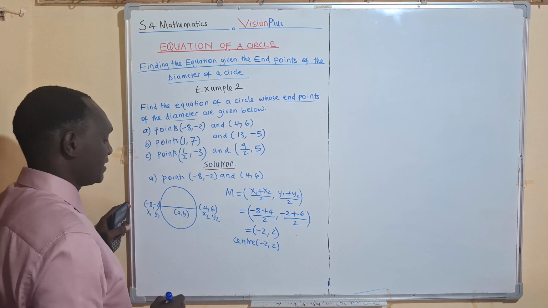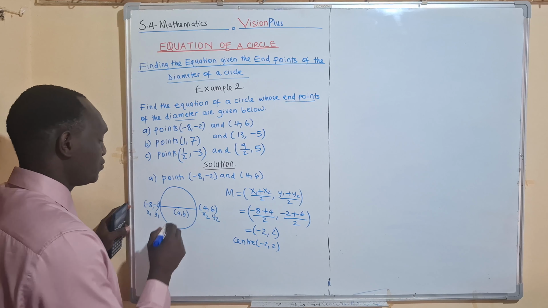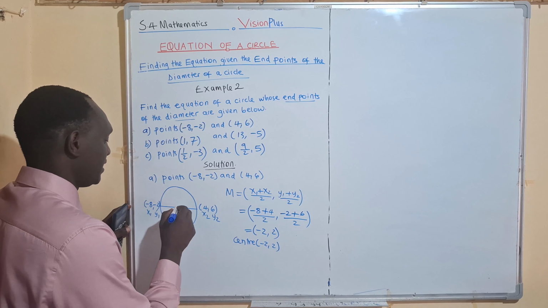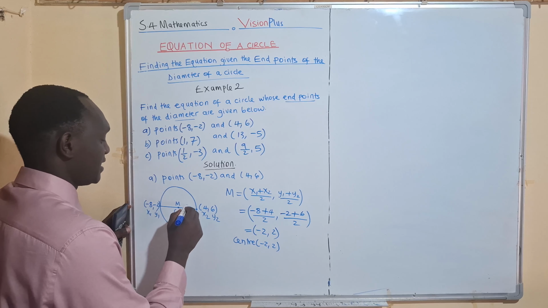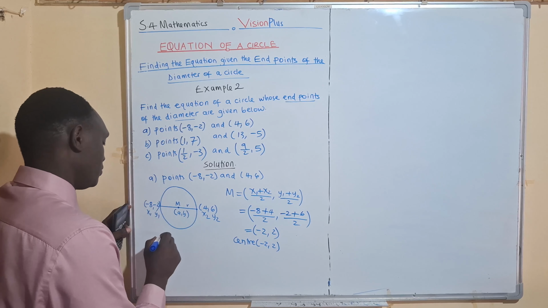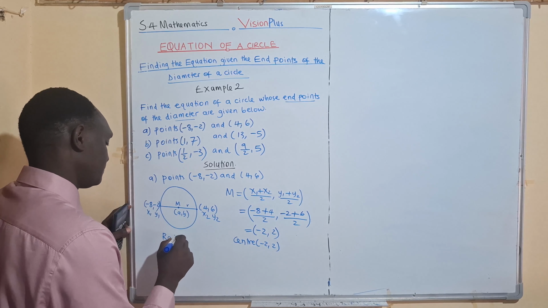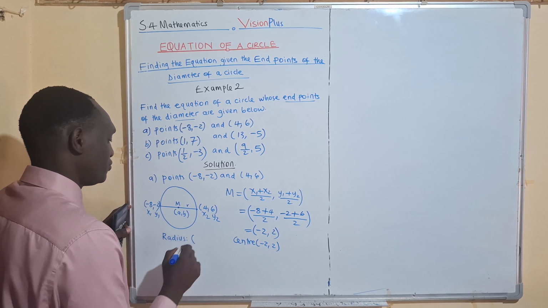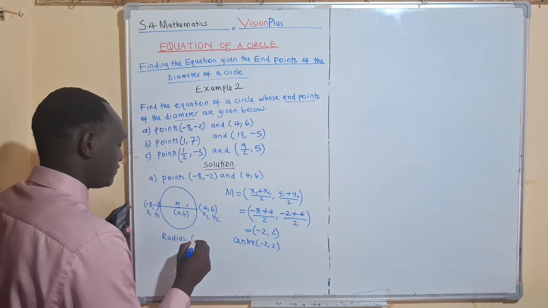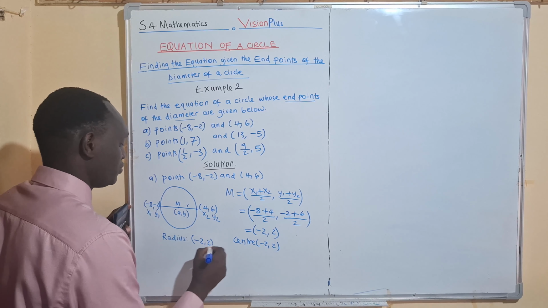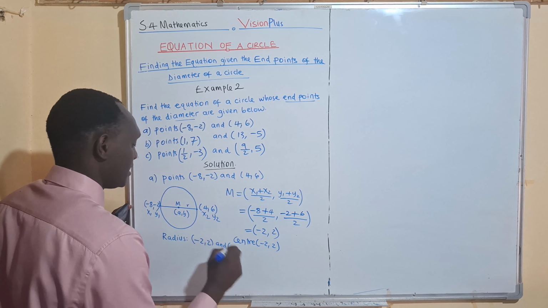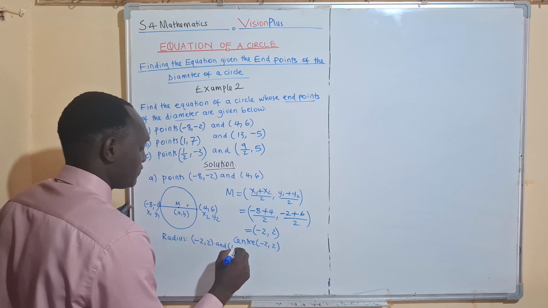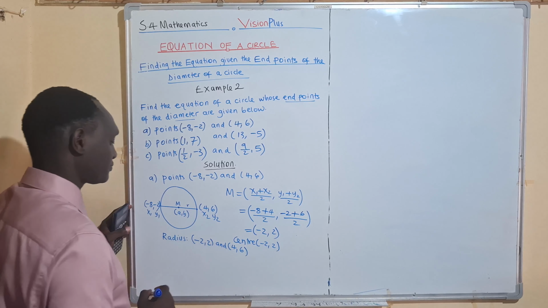Now for us to find the radius, I'm going to use the coordinates of the center, which is the midpoint M, and then the point 4, 6. This here gives us the radius. So for the radius, I'm going to use the coordinates of the center, -2, 2, and the other point on the circumference, 4 and 6.